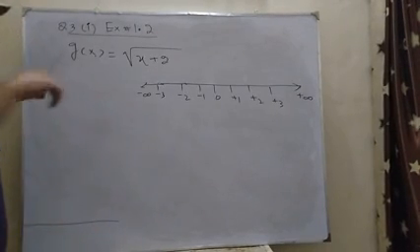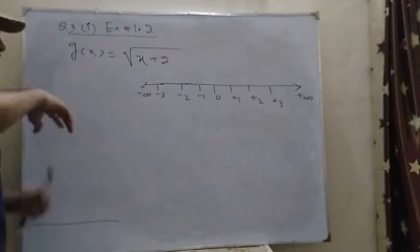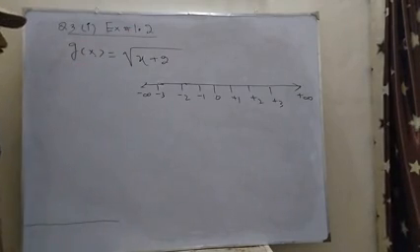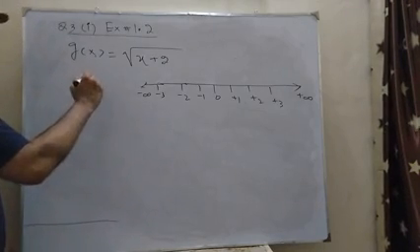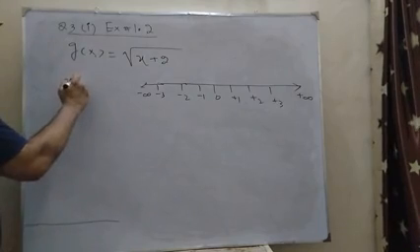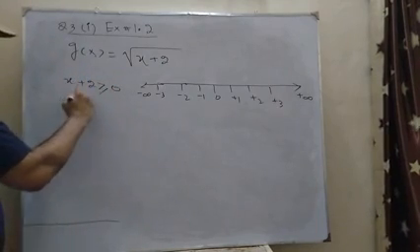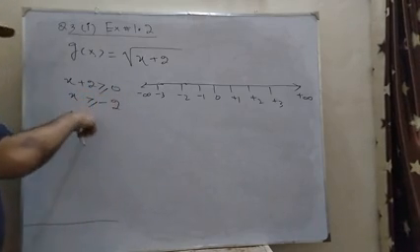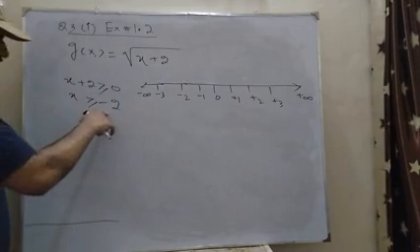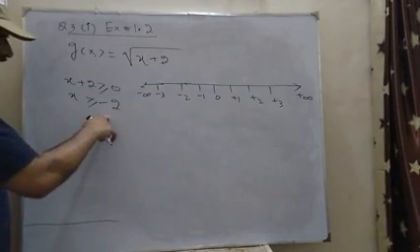Now question number 3, part 1, exercise 1.2. Again you can see it is a radical function. So we choose such domains for which the radicand is greater than or equal to 0. Here you can choose any value that is greater than or equal to minus 2.